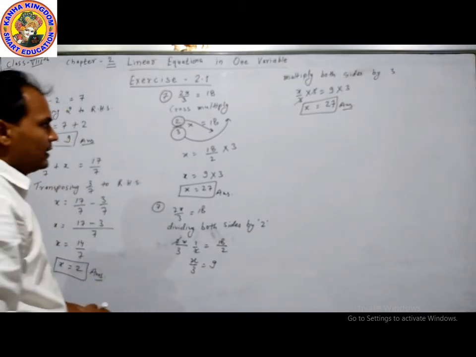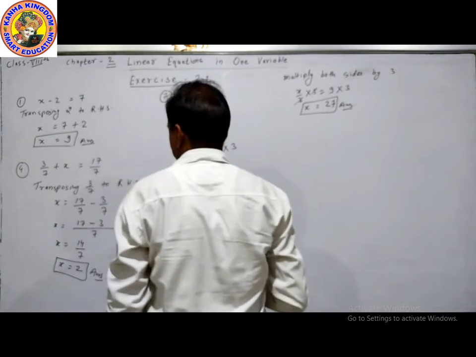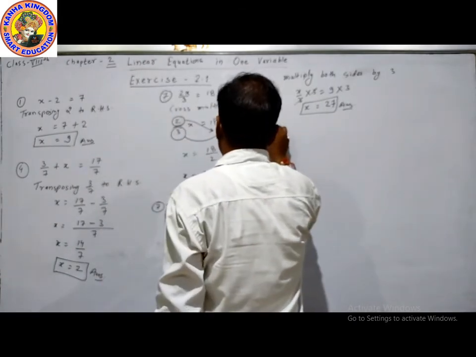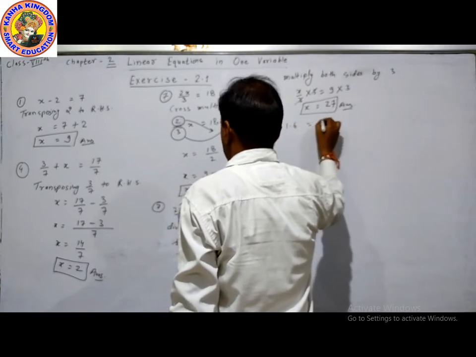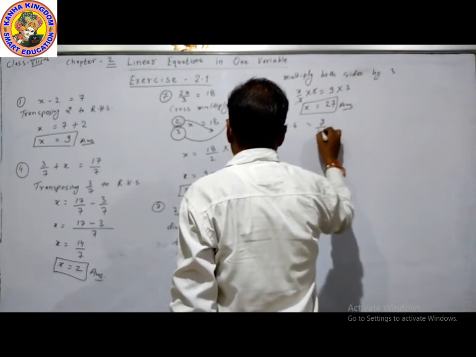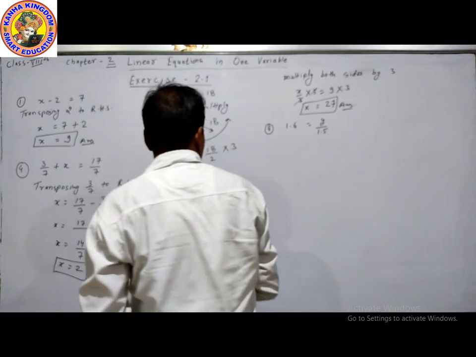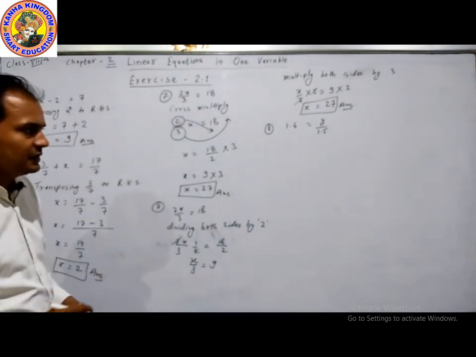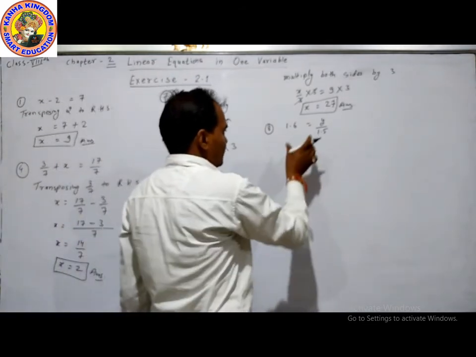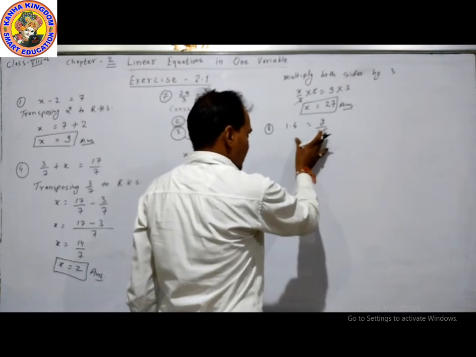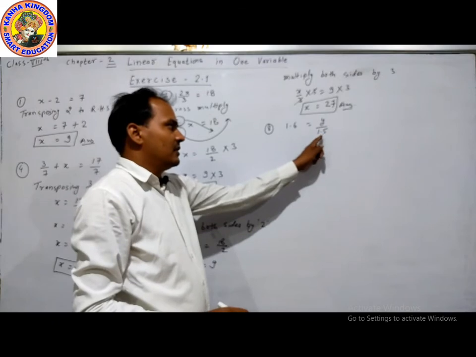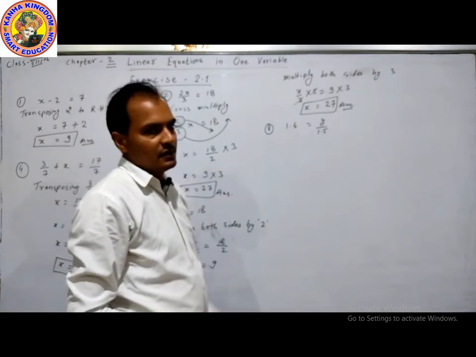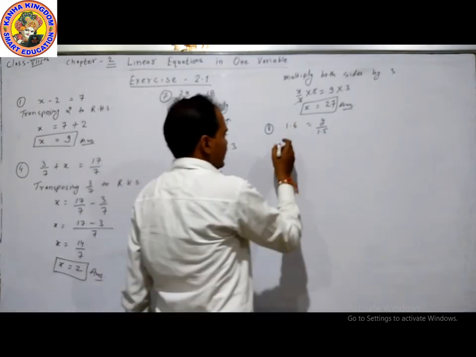Let's take another question. Another question is 1.6 is equal to y upon 1.5. In this question, we have to solve the equation, which means find the value of y. We can cross multiply 1.5 to the right hand side.